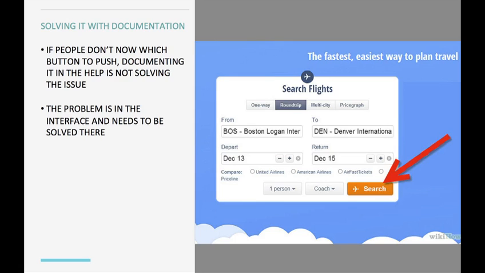Anytime you're writing help documentation, and I want to maintain that most of our applications don't need it, anytime you find yourself writing, in order to search, click the search button, you've got a problem, and the problem is not solved by documenting it in the help. Okay. Documenting it in the help and then pushing it out of your responsibility, that's a cop-out, in my opinion.